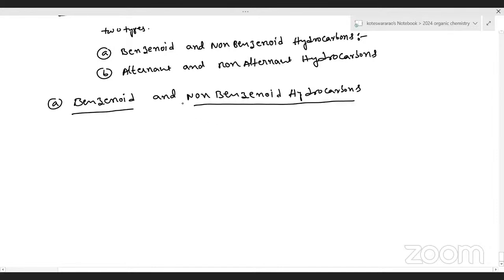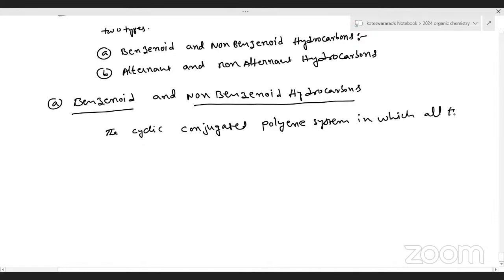Benzenoid and non-benzenoid. Its name itself indicates benzene or non-benzene. The hydrocarbons, cyclic conjugated polyene system, in which all the rings are benzene rings, benzene-like rings.